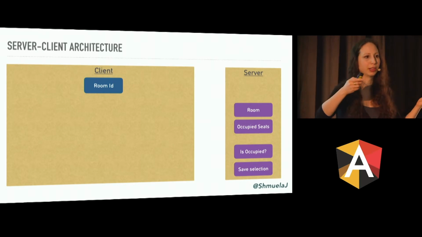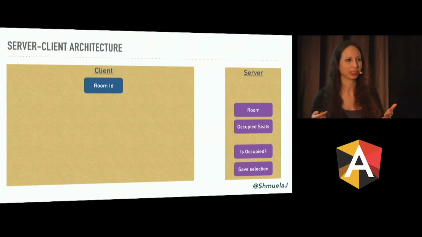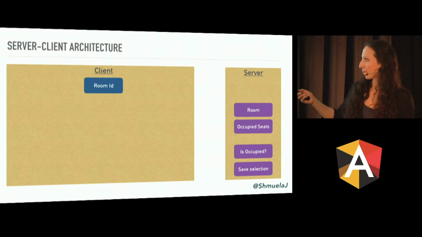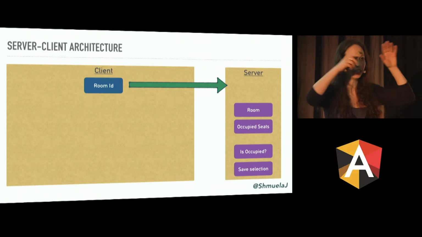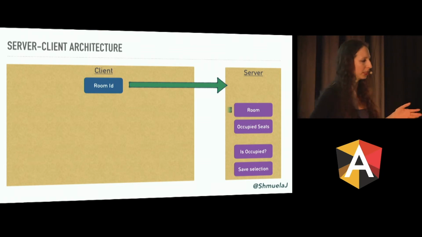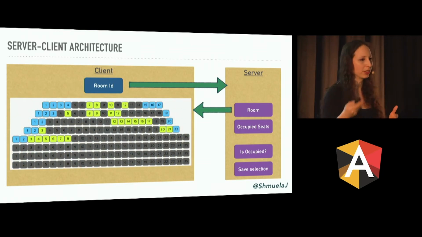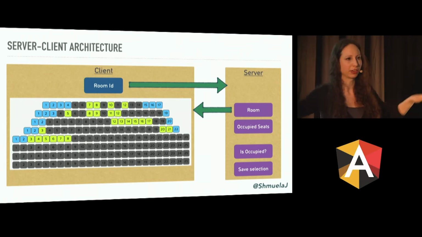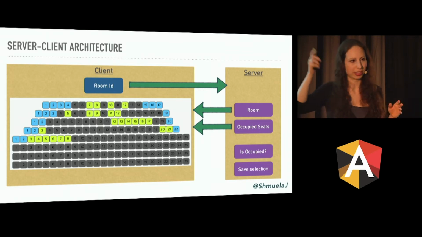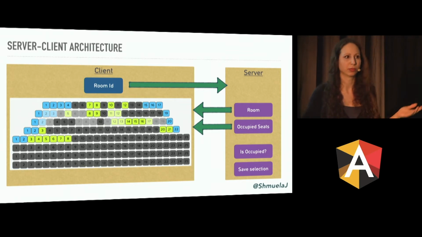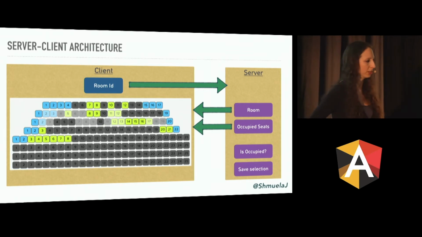So just a little bit more about the architecture here and what it's doing. In the client, we have in the router the room ID, and we send it to the server to get the room configuration: how many rows, how many seats, what types of rows. With this configuration, we create the form, and we get the live data, either by WebSocket or polling, or however you like.